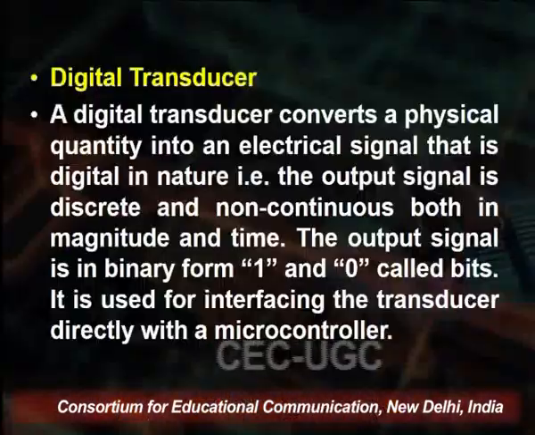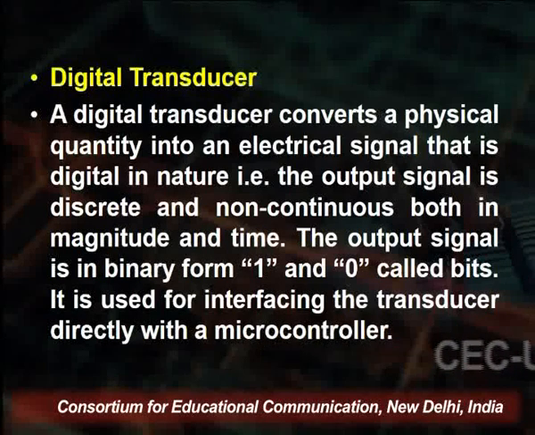And a piezoelectric sensor for pressure measurement. So one form is converted into another form by using the analog, which is continuous with respect to time, and which gives the output function in a continuous manner.